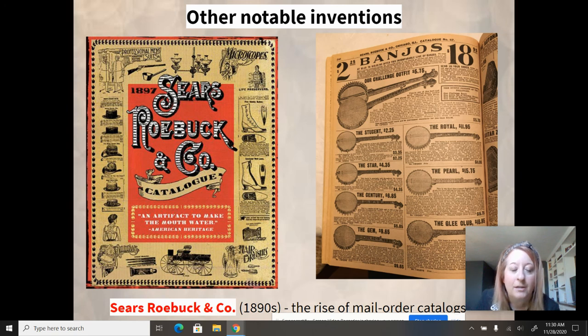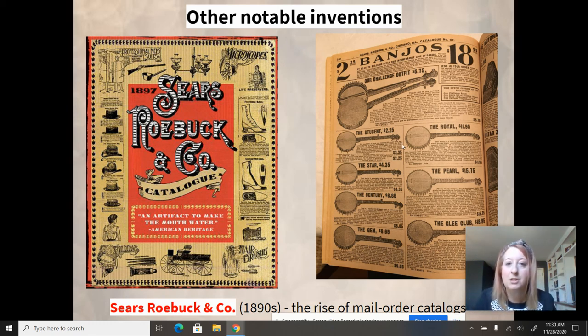But back in the day, if you did not live in a major metropolitan area and you didn't have the means to maybe go into a department store, you could actually order items out of a catalog. And Sears, Roebuck and Company was the first to put out catalogs, although there were many companies that did the same. And it would be mailed to your house and you open it up.